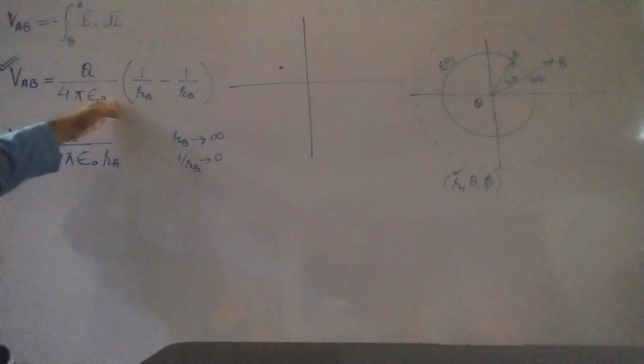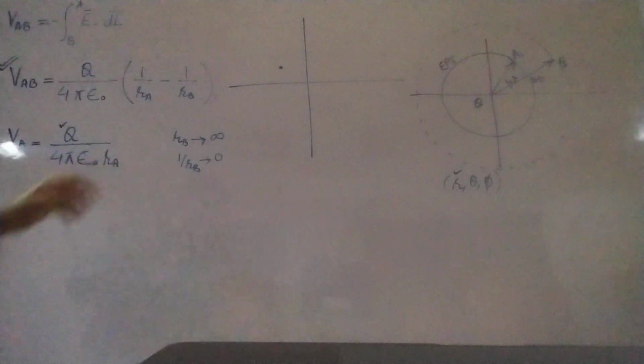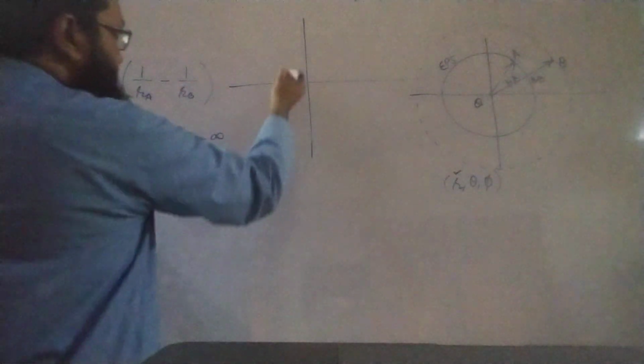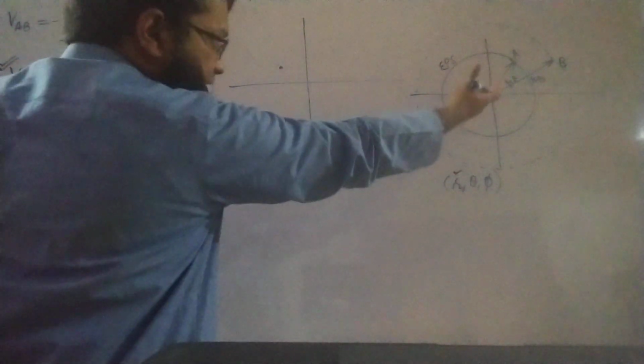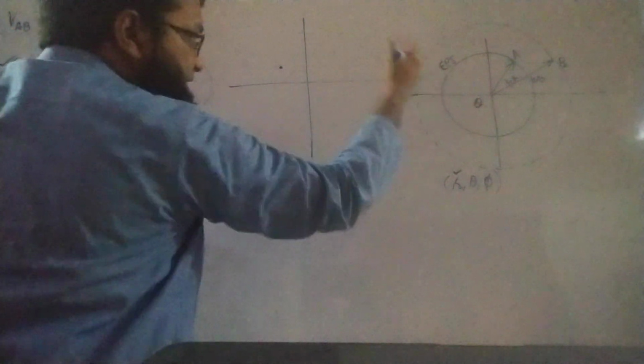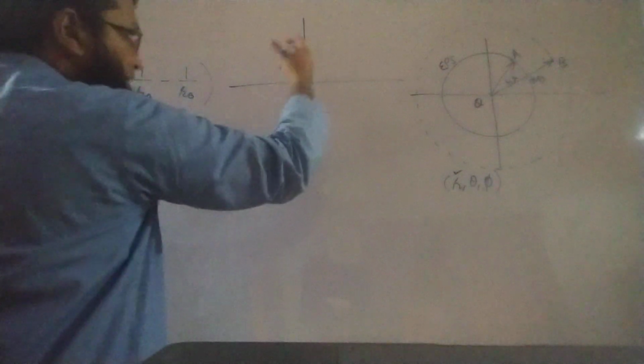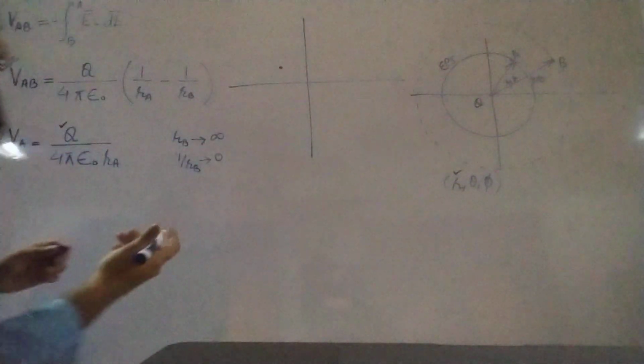Would we be able to use these formulas? The answer is no. Definitely this source charge Q will form a field like this one, but the mathematical representation would now change because we don't have spherical symmetry now.